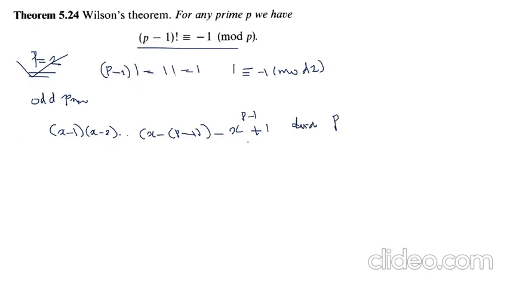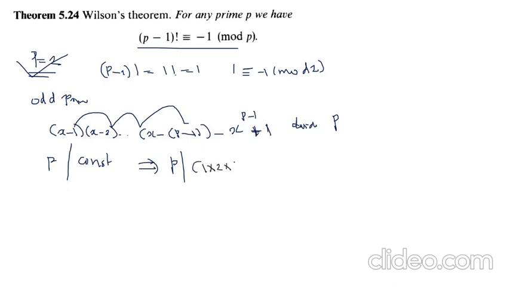Therefore, if we expand this, then we can say that the constant term is also divisible by p, that is, p divides the constant term. Then what is the constant term? The constant term is 1 into 2 into 3 into etc. p minus 1, and then there is a 1 here, that is plus 1.